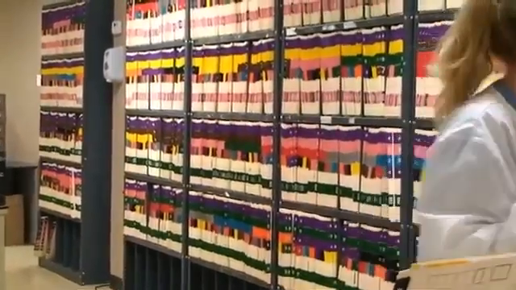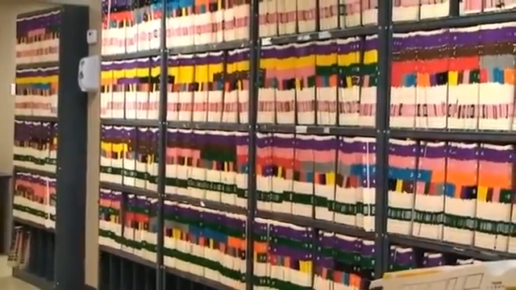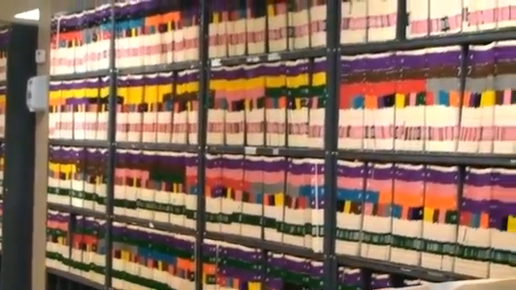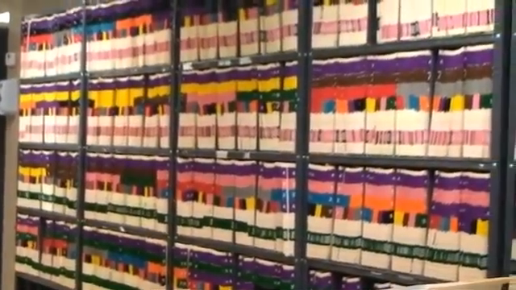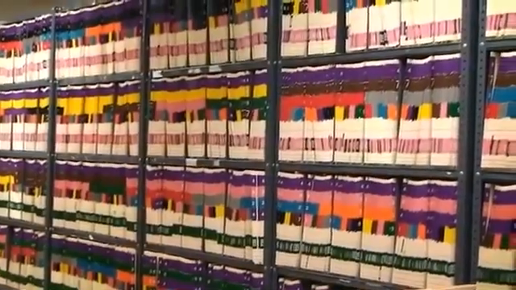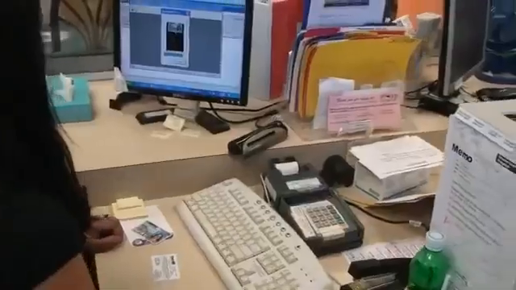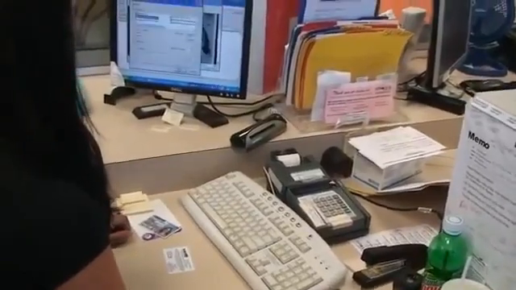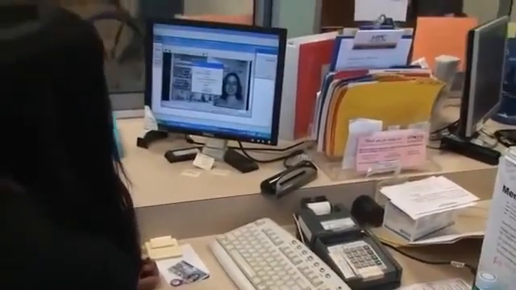When using or disclosing PHI or when requesting PHI from another covered entity, a covered entity must make reasonable efforts to limit PHI to the minimum necessary to accomplish the intended purpose of the use or disclosure. Except in certain circumstances, individuals have the right to review and obtain a copy of their protected health information.